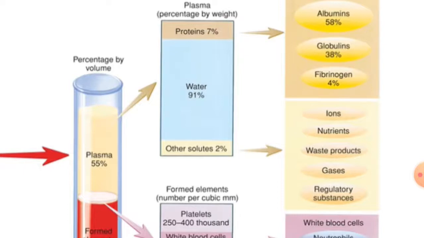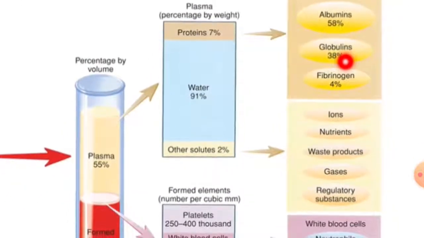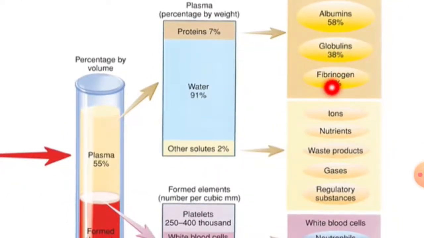It forms specific antibodies for that particular antigen. And also we have fibrinogen, which is the inactive form, and when activated it forms fibrin, which plays an important role in formation of the clot, which stops bleeding.